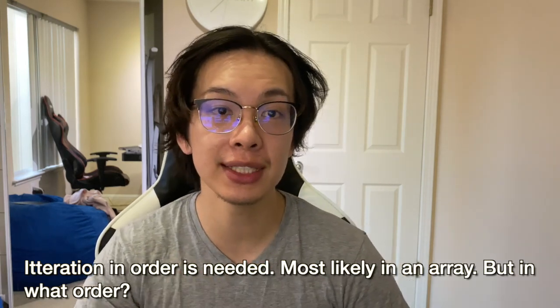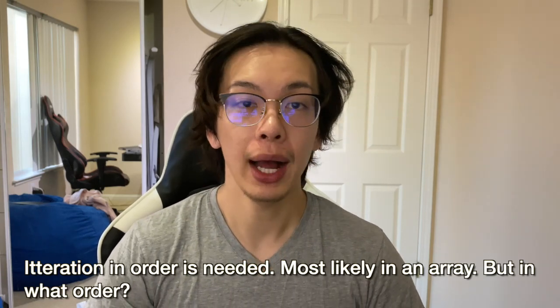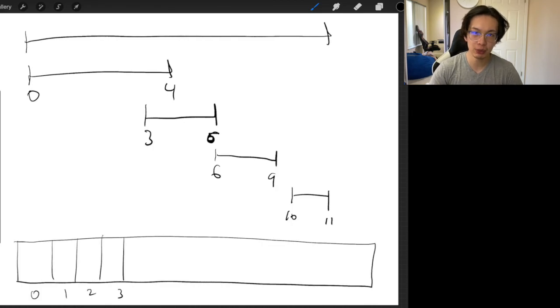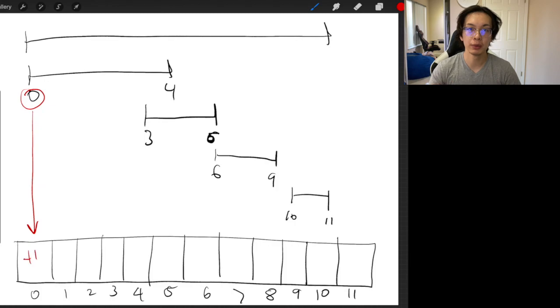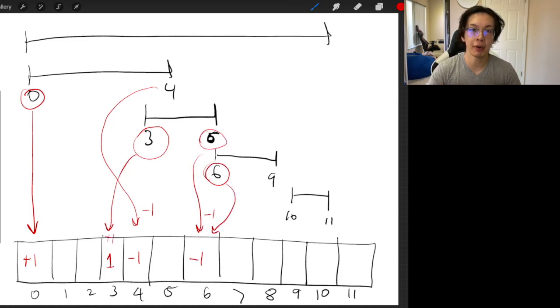So then let's move on to the second step. Let me generate some examples, because at this point, I need to know how to populate this array. As I said before, the only values that we really care about are when the intervals open and close. So when a room is requested, we would consider that a +1 to the value, and when a room is vacated, we would subtract 1 to represent the net number of rooms requested.